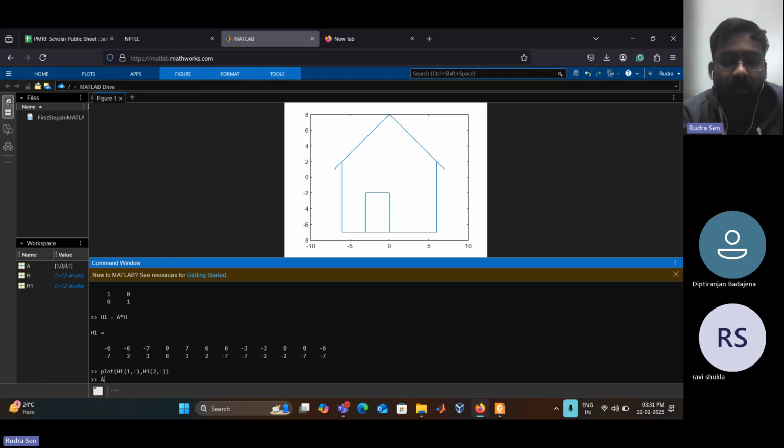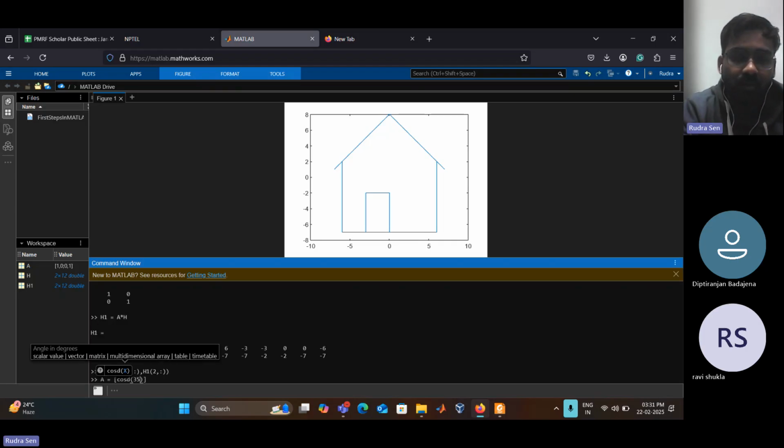Now I want to rotate this. So how to rotate it? Let's say I'm considering a rotation matrix. I want to rotate this figure by 35 degrees. If you use cos, you have to use radian values for the angle, and if you use cosd, then you can use the degree value.